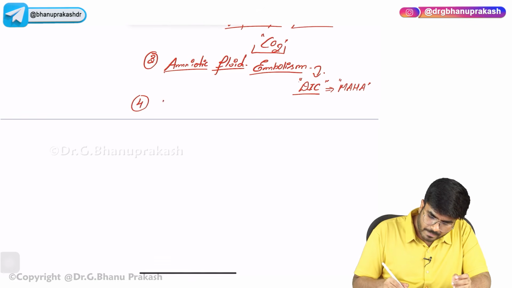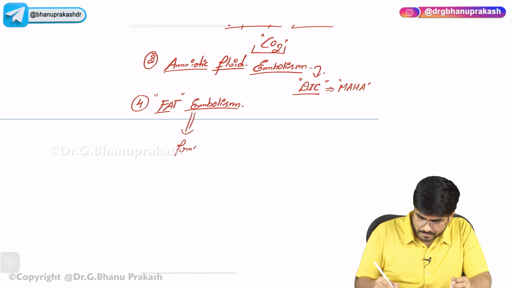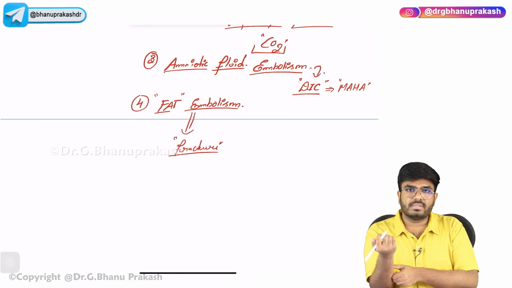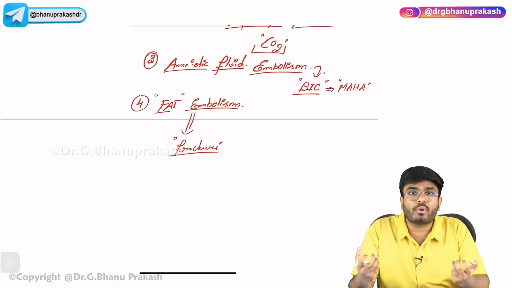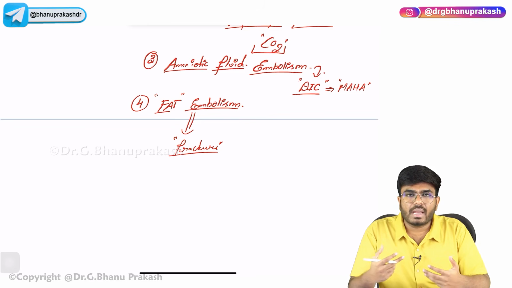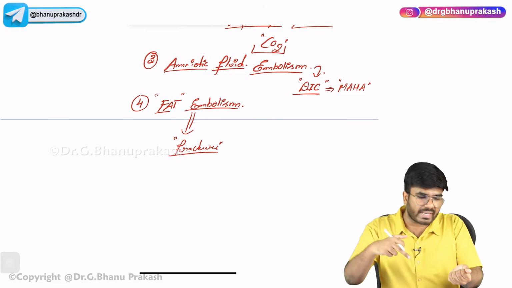Fat embolism. Here, who is getting embolized? The fat. Whenever there is a fracture, for example, of the long bones, in the bones there is yellow bone marrow, which is nothing but fat.